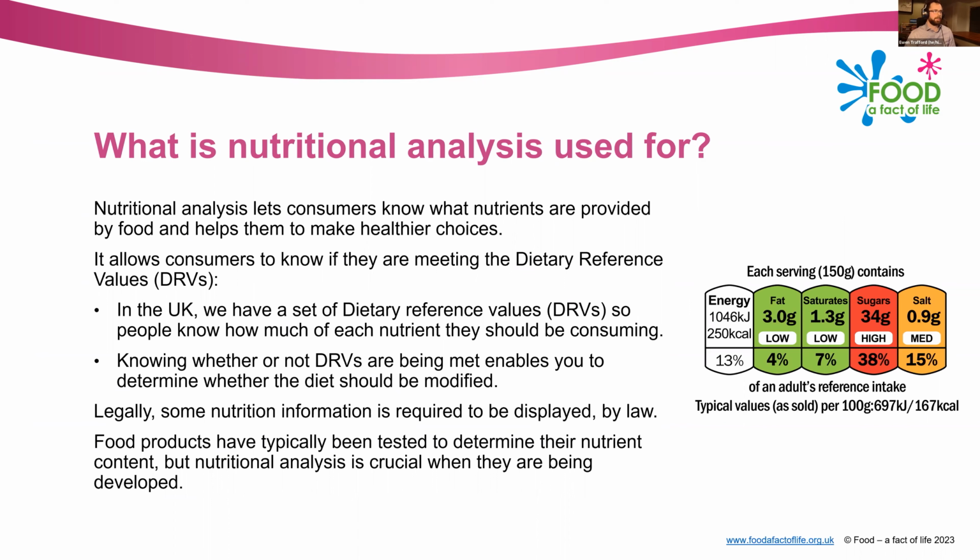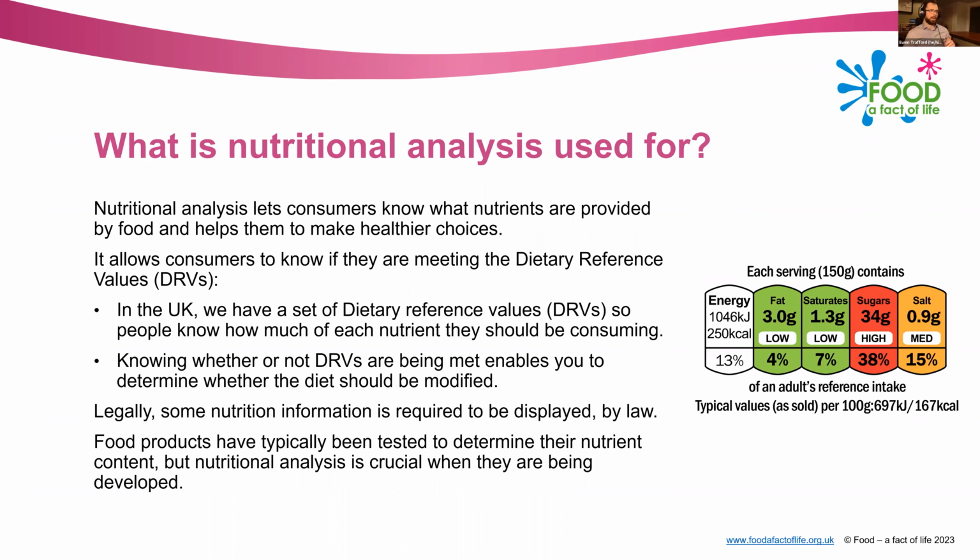It allows people to know if they're meeting the dietary reference values. And so these values are a reference of how much of each nutrient you should be consuming. And when you see this on a label, it will normally be based on an adult female's reference intake. So do bear that in mind, that these values are lower for younger children.